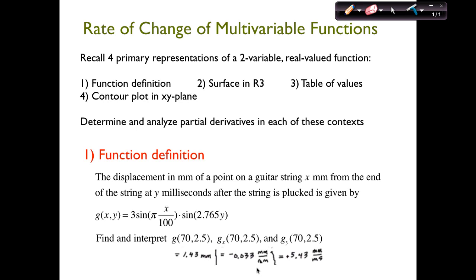So I wrote down the rate of change for the variable x, at 70 and y equals 2.5, is equal to -0.033 with all else held constant. Okay, and so let's talk about that in terms of the situation, right? So instead of when x is this and when y is this, what does that mean for the situation? And yes, it's the rate of change, but what does a rate of change mean? So we want to apply what we were talking about earlier with the meaning of rate of change. Jared, what do you think? Give that a shot?